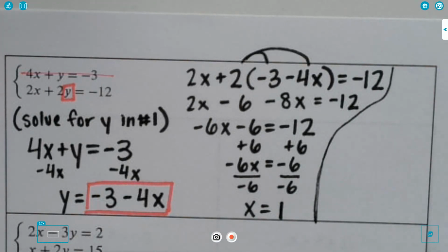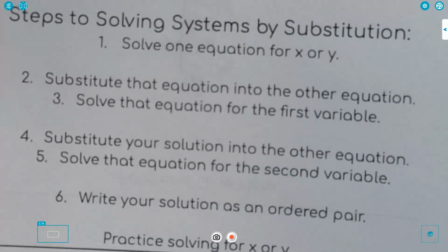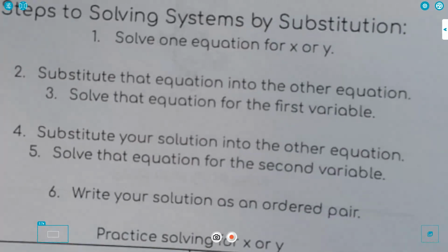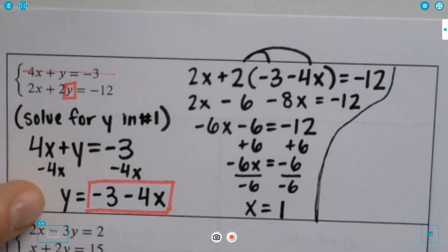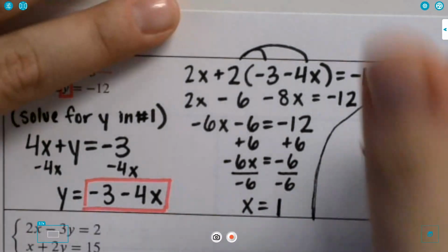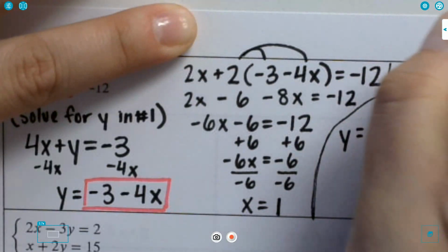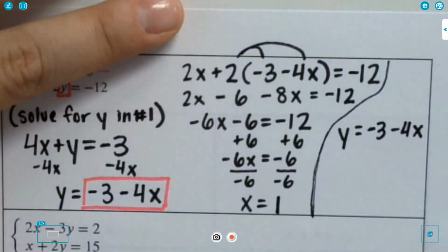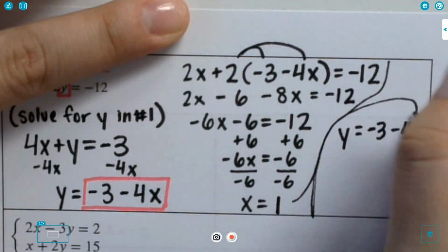Okay, so we are ready then for steps 4 and 5, which is to substitute your solution into the other equation and solve that equation for the second variable. So we are going to come down here. We're going to use this equation that we had, the y equals, because we need to solve for y. So I'm going to use that y equals equation we made ourselves. Y equals negative 3 minus 4x. And we're plugging in this 1 for that x.